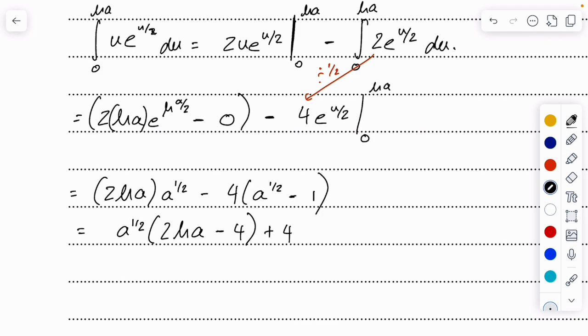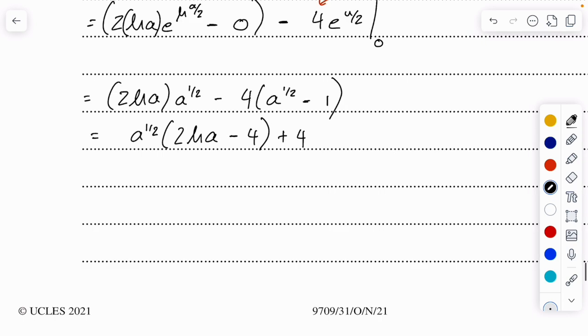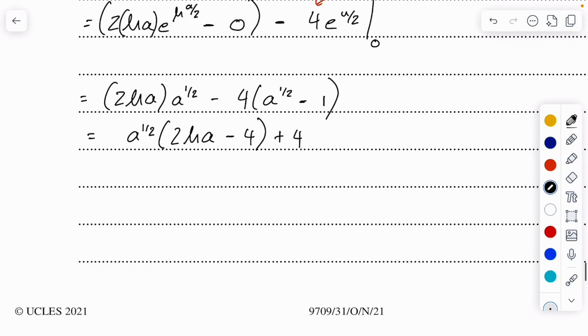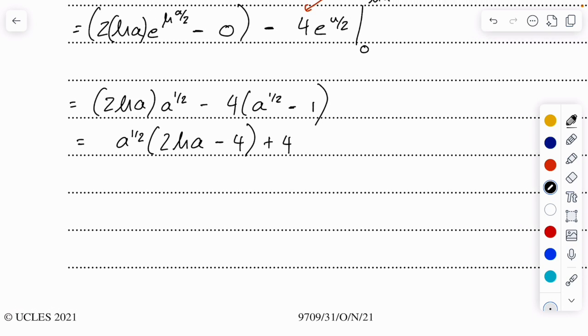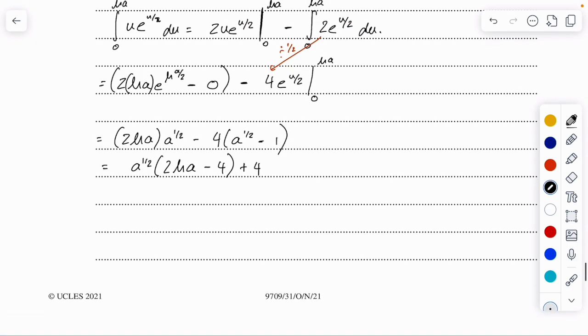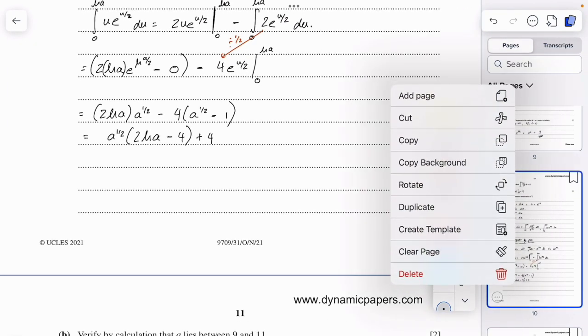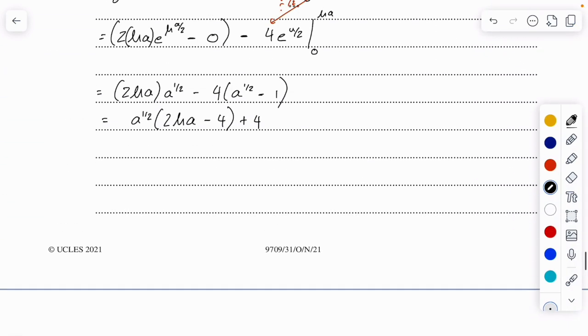The next bit is we can say that we found the integral.